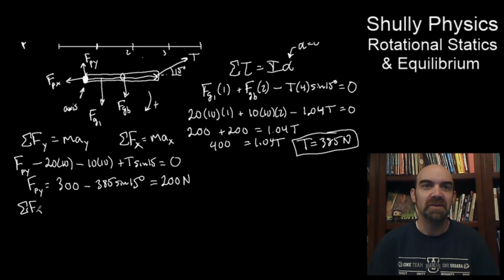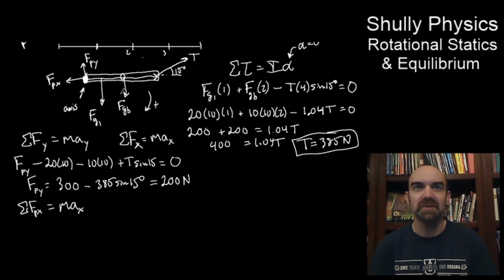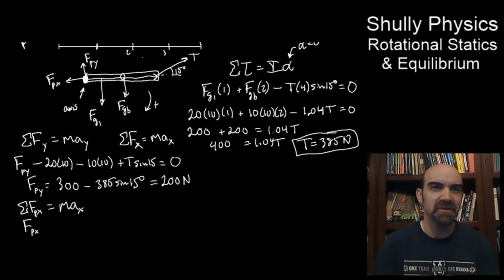Sigma for the pivot in the x direction equals ma in the x direction. So here we go. In the x direction, we've got, oh, this is a little easier. If I'm calling left positive, I'll say the pivot's x component. This is the sum of all the forces in the x direction.